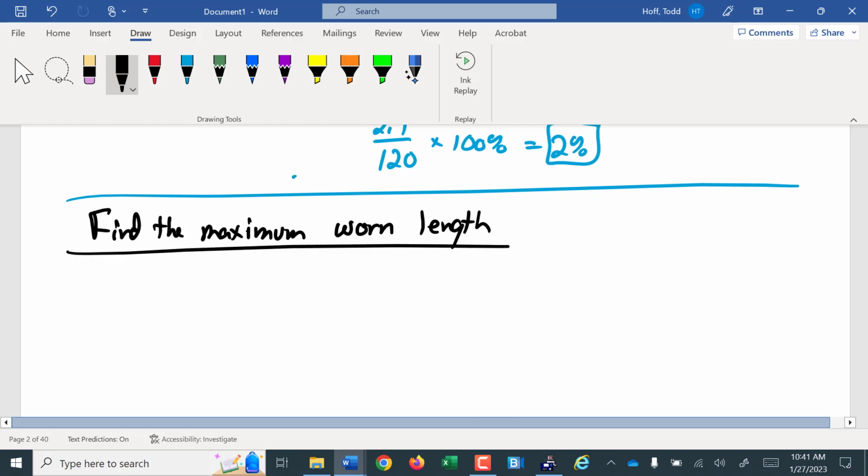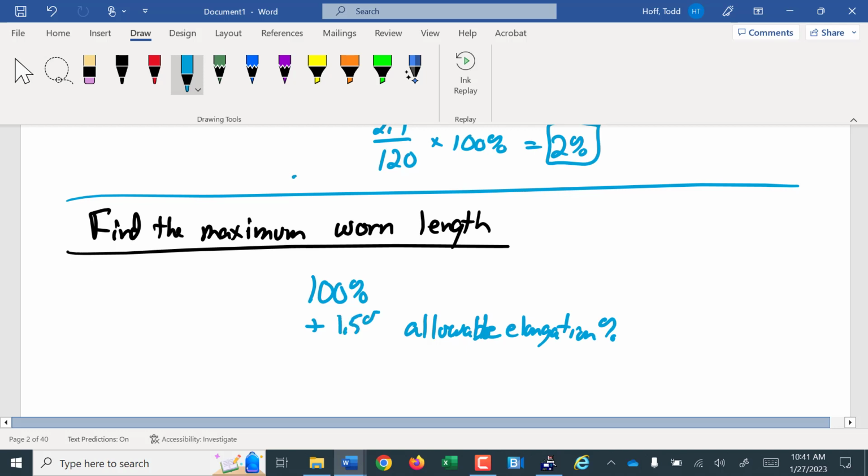To do that, we use the fact that when the chain is new, it's at 100% of its length, plus whatever the allowable elongation percent is. So let's say that allowable elongation is 1.5%. So we add 100% plus 1.5, of course, 101.5%.